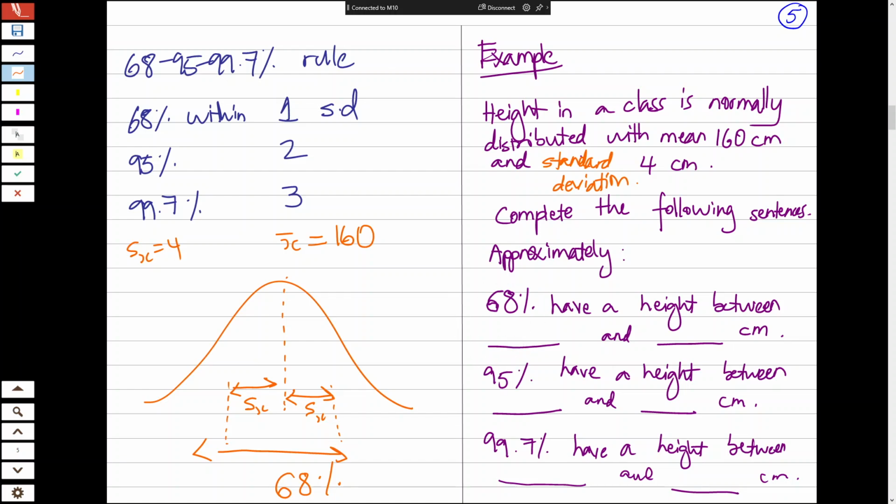No, I think you're just calling out random numbers. 68% of the height between 140 and 170. Does that work?